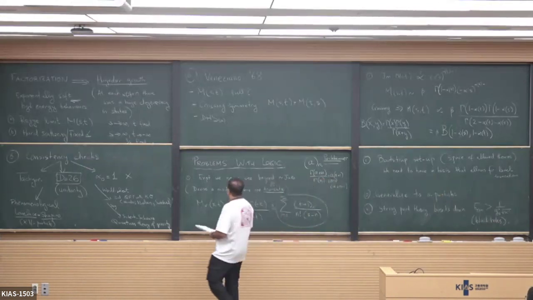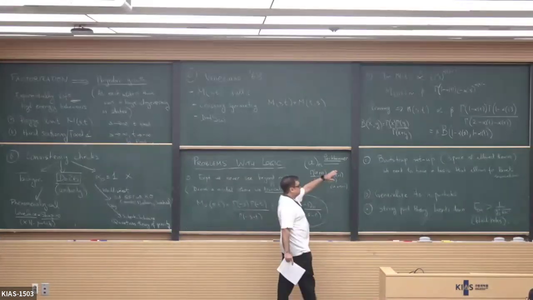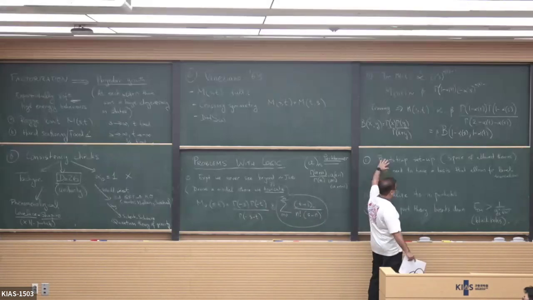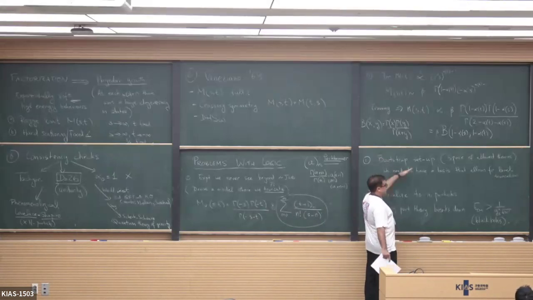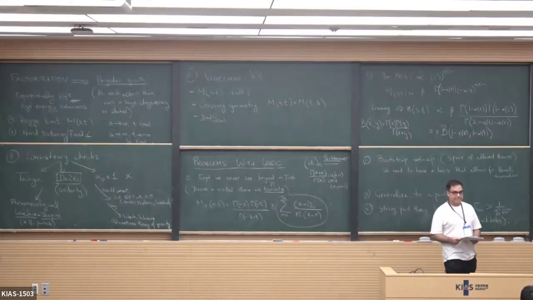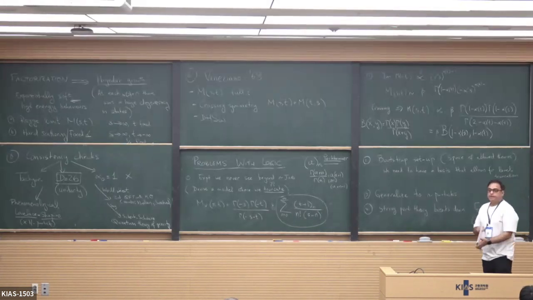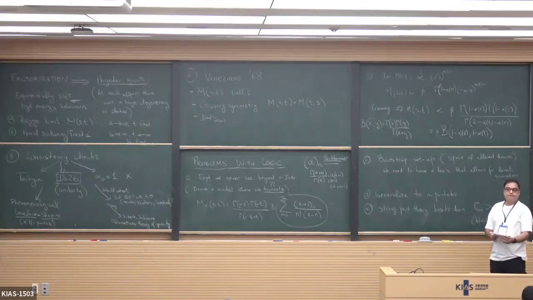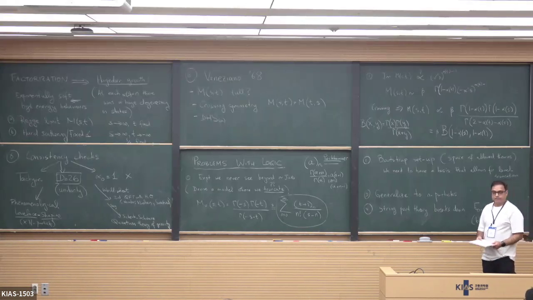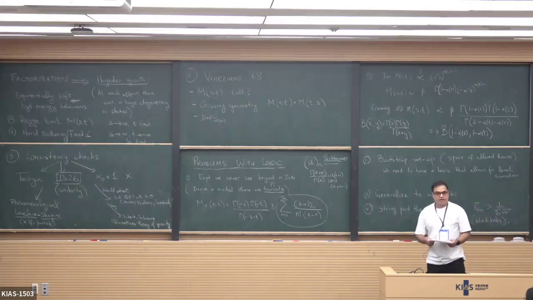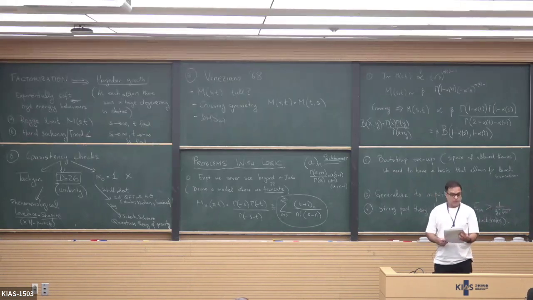So to set up the bootstrap problem in some efficient way, you really have to allow for a basis that allows for level truncation. Okay? Any questions? I have 6 minutes, and I think I should be able to cover the 5-particle Veneziano amplitude in those 6 minutes.